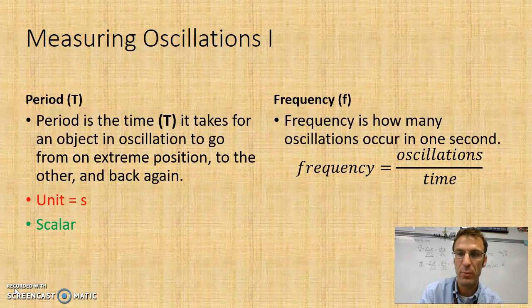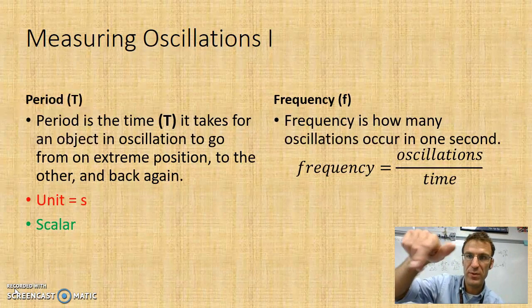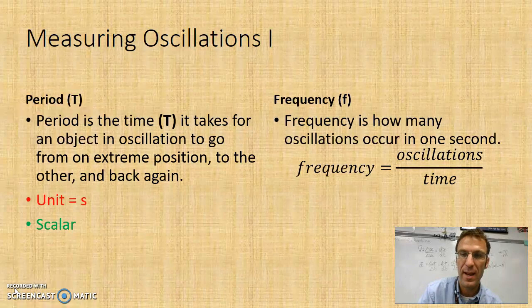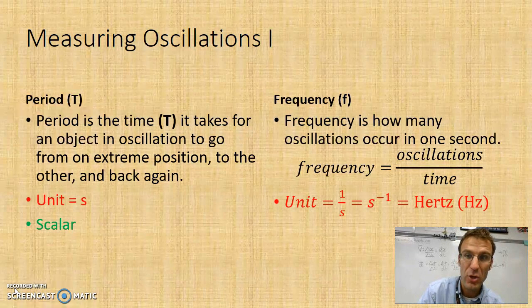Quick elementary example, if you were measuring 6 back and forths in 10 seconds, then you would go 6 divided by 10. The unit is in hertz, which is actually inverse seconds. So 6 divided by 10 will be 0.6 hertz, meaning 0.6 oscillations per second. And again, that is a scalar.